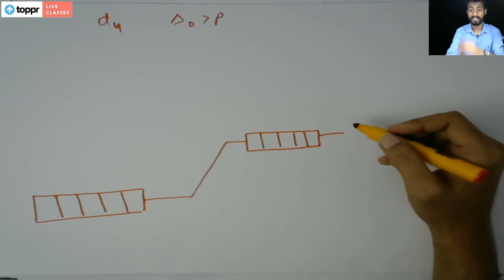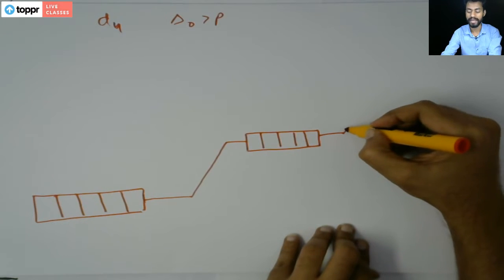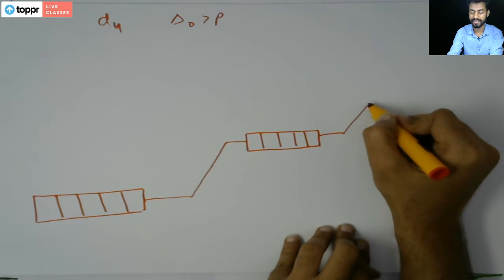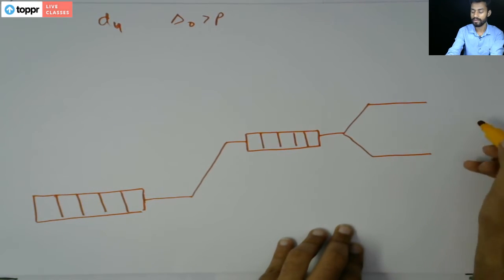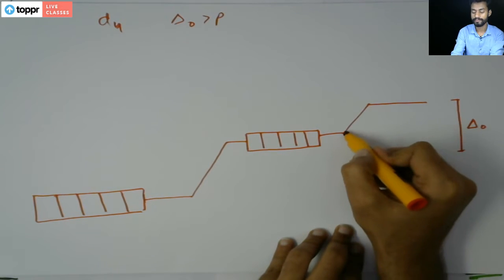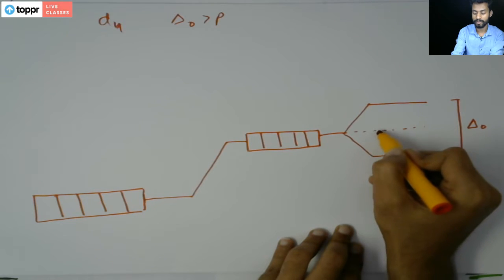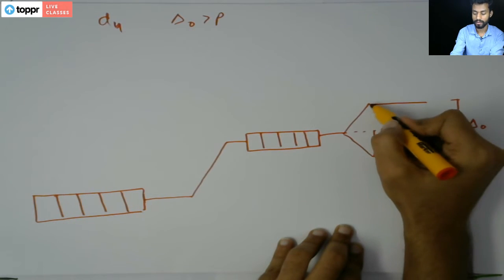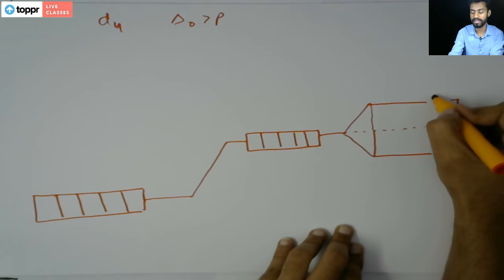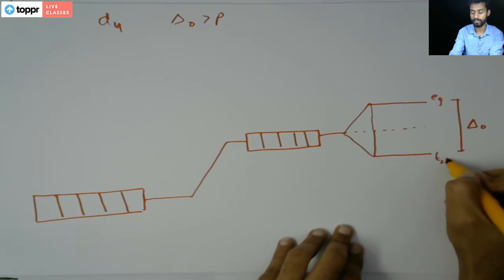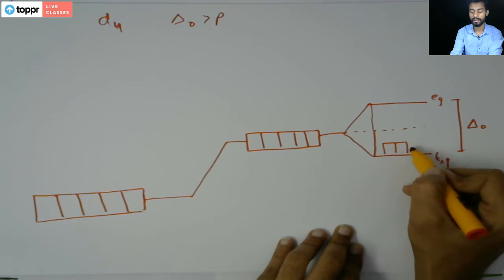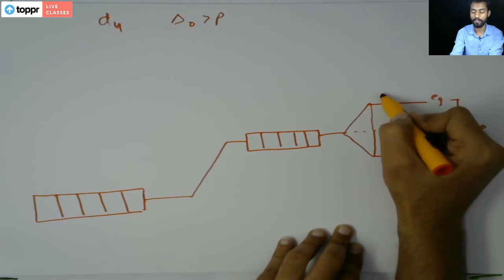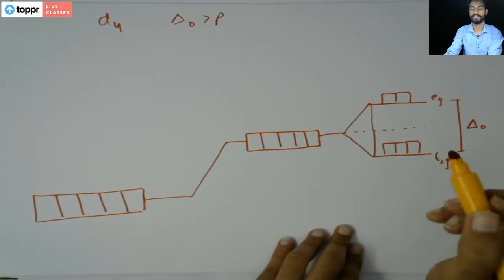Now as the point charges move along the planes and along the axes, the splitting of orbitals takes place. This energy gap is called octahedral splitting energy. This will be the Eg orbitals and this will be the T2g orbitals. In T2g we have orbitals which are along the planes, and in Eg we have orbitals which are along the axes.